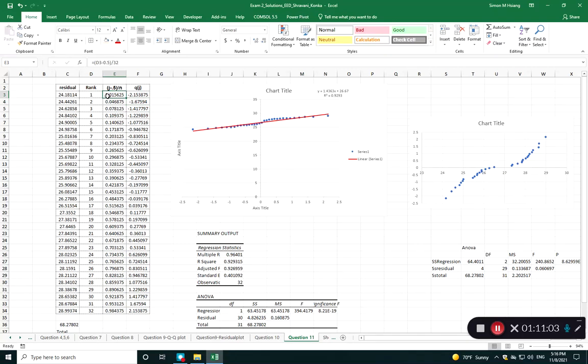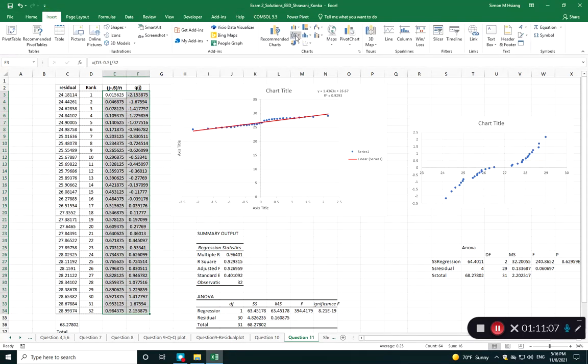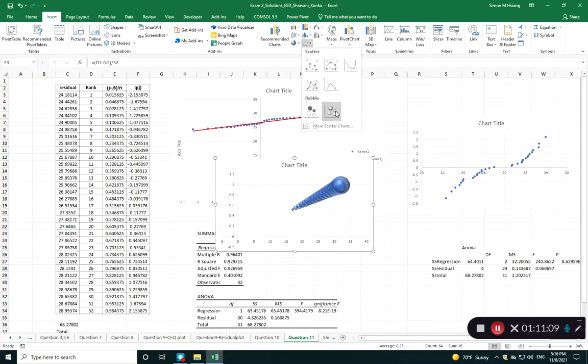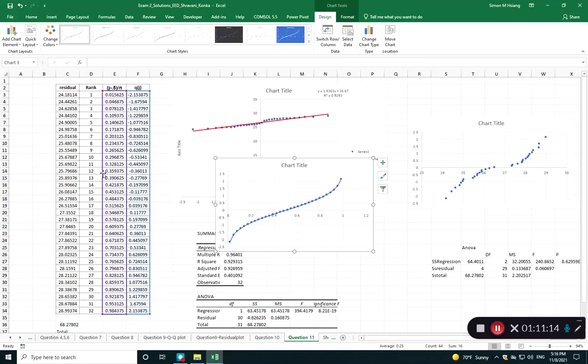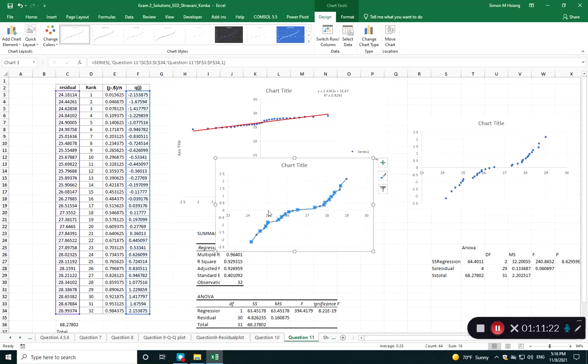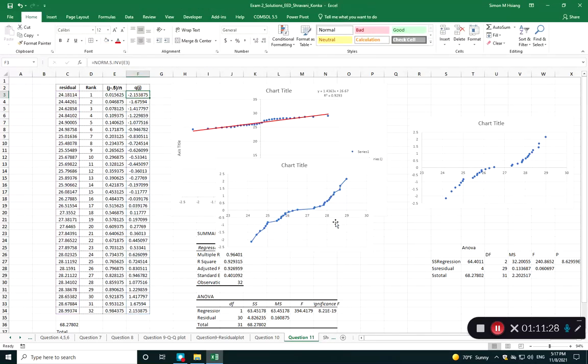Let me do it really quick. So here is your residual plot. But we're not plotting that one. We're plotting the residual against your theoretical value. Okay? So your quantile says you're supposed to be here, but you're somewhere else.